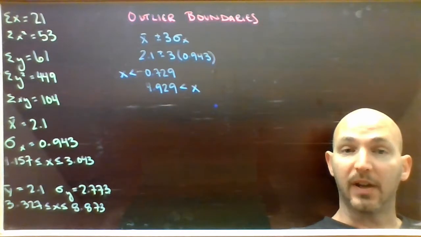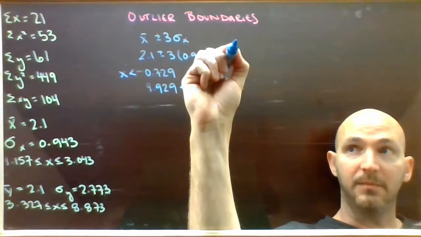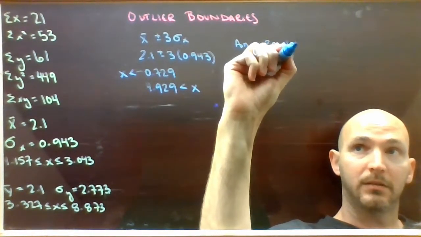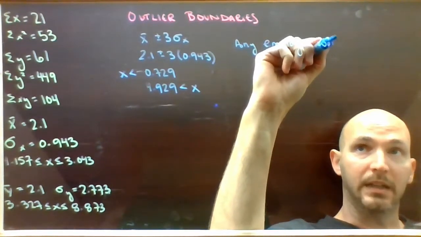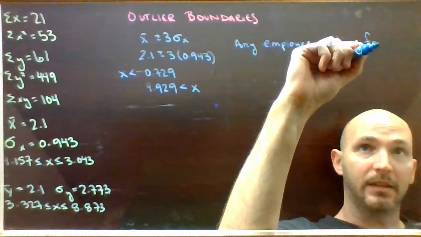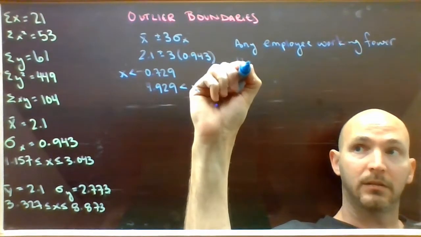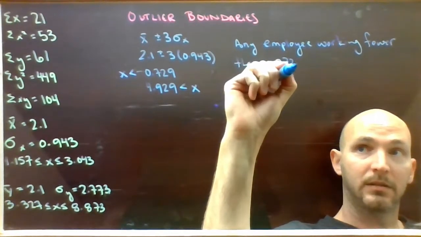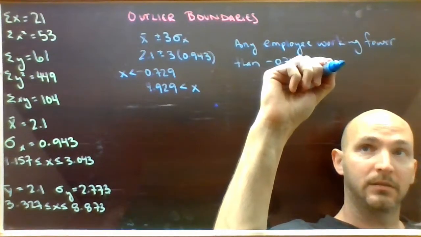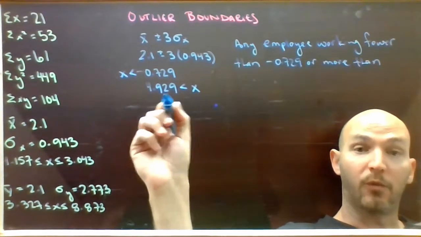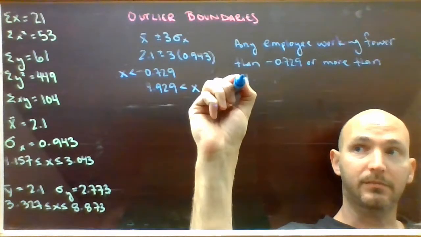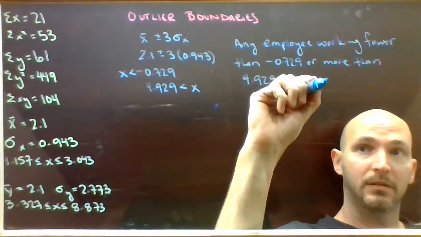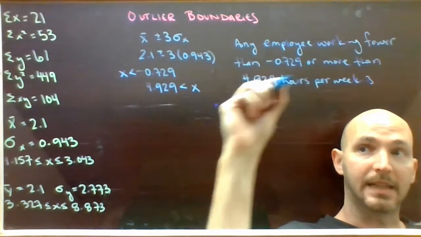So if I were to take that and phrase it as a sentence, I would be saying that any employee working fewer than negative 0.729 or more than 4.929 hours per week is an outlier.